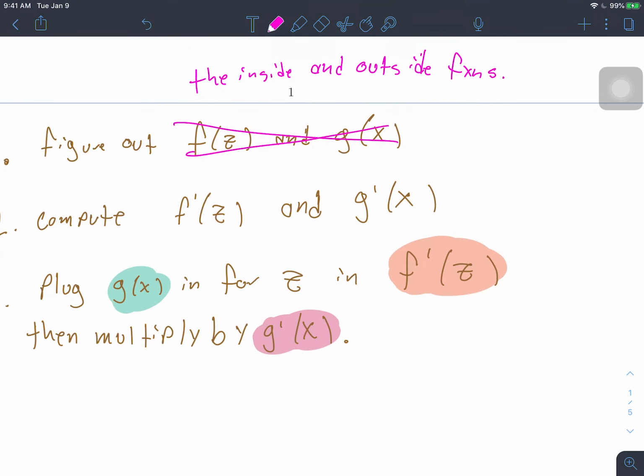Then our goal is going to be compute the derivatives of those functions.